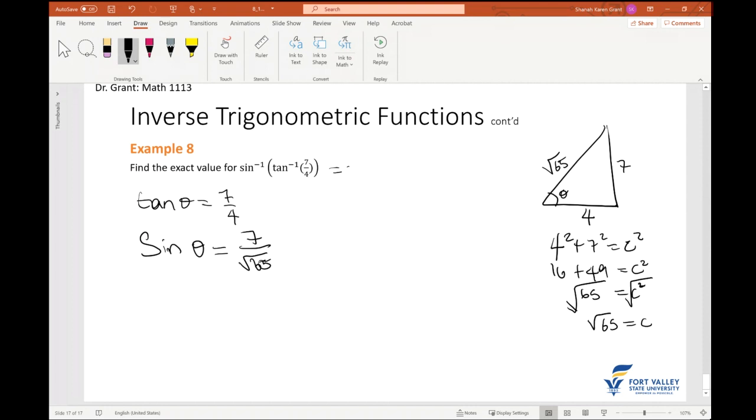And sometimes we don't like to have roots in our denominator, so we rationalize. So this becomes 7 root 65 over 65. And that's your answer.